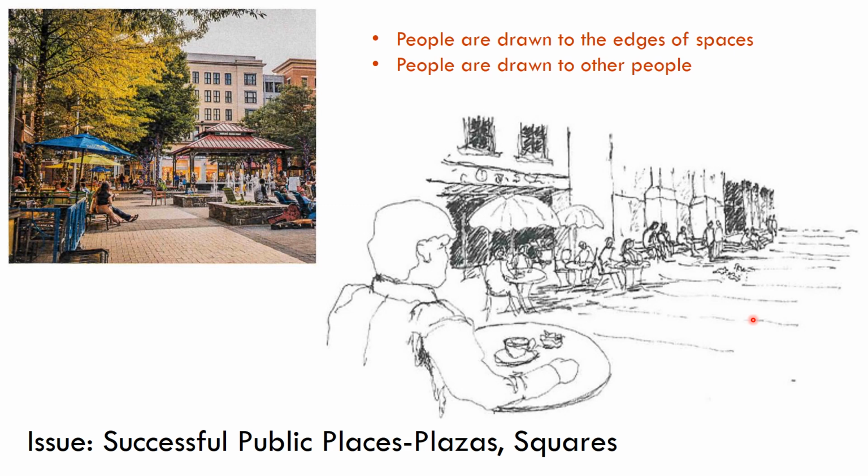And so let's just touch on squares a little bit here. The thing to remember about them is that the reason why people come to these places is to see other people. You can have great plants, wonderful landscape, but really it's all about seeing other people. Another important thing is that the edges of these spaces are particularly important. That's where people like to linger.